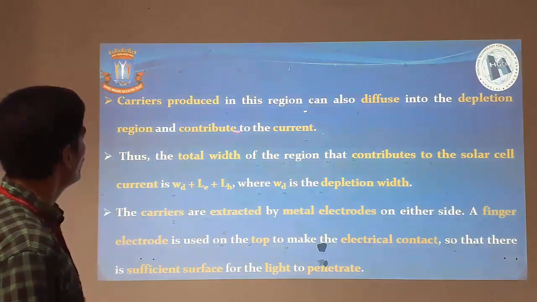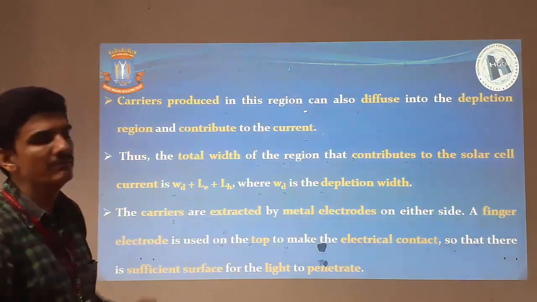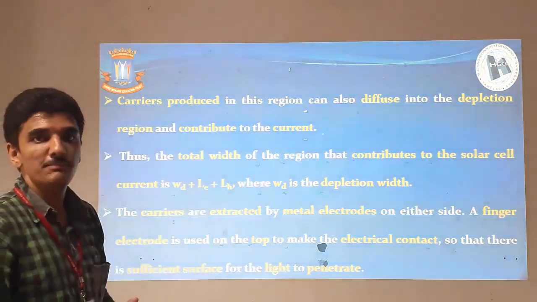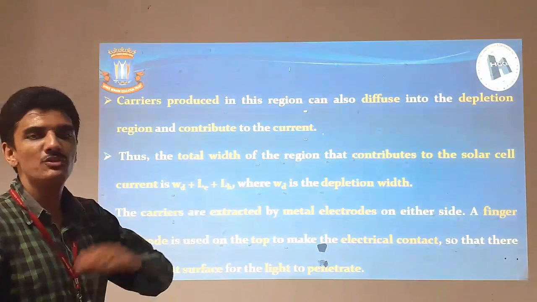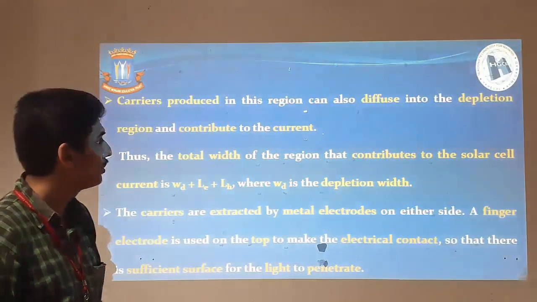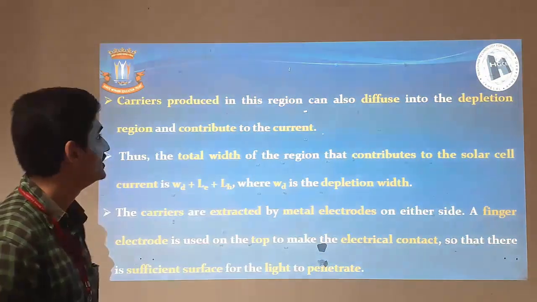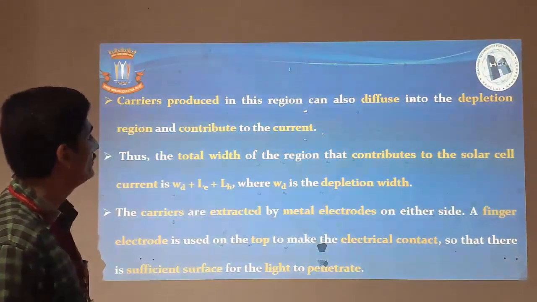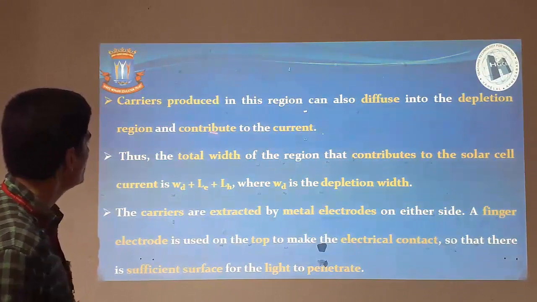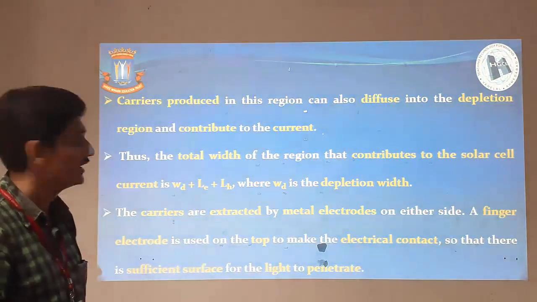Carriers produced in this region can also diffuse, as we have seen in the P-type region, and the drift mechanism was also observed towards the N-type region. They can also diffuse into the depletion region and contribute to the current.